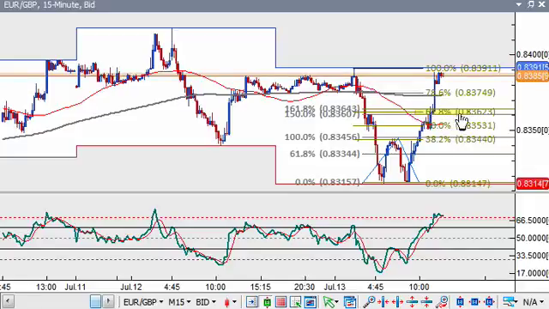So after the market broke above 0.8360, the bearish outlook needed to be invalidated. Plus the RSI here broke well above 60 and was able to go into the overbought area.